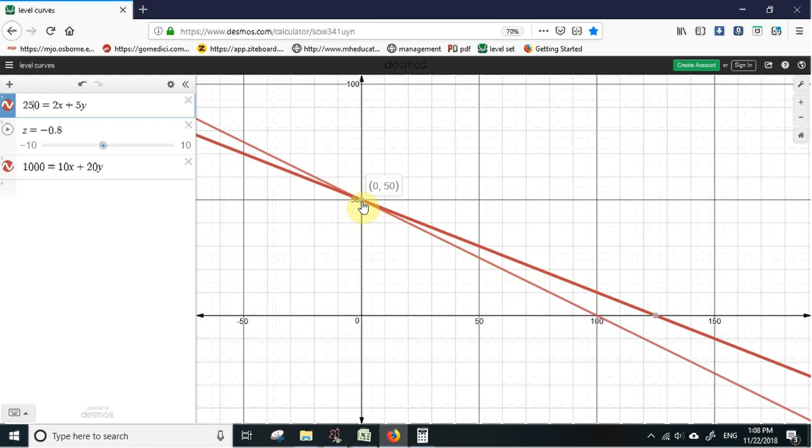This is the highest level of utility that he can reach, because his budget line now completely lies below the indifference curve except this point. This is the highest level of utility, where he consumes 0 units of X1 and 50 units of X2.